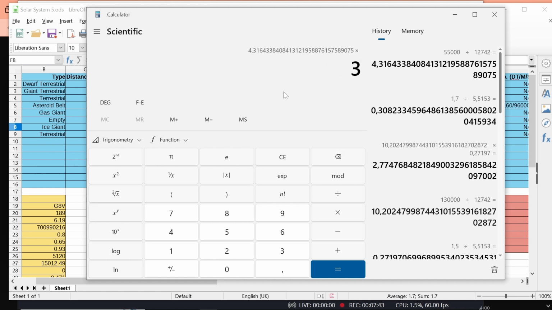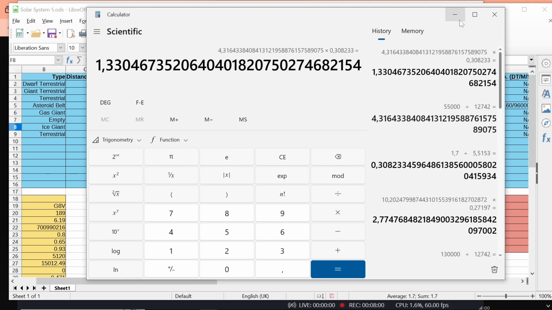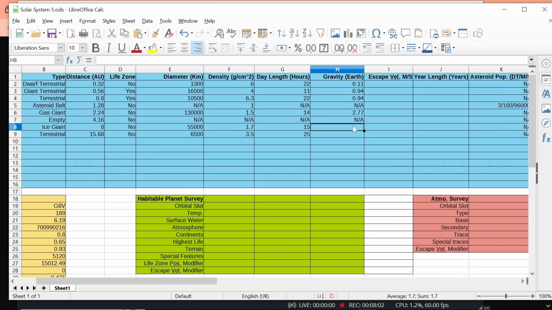Forgot the point again. 0.308233. This number over here, and the answer is 1.33. So the gravity for this planet is 1.33.